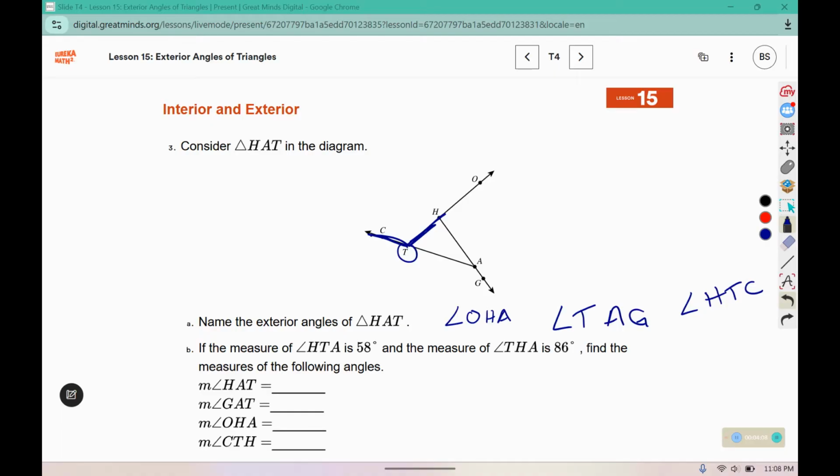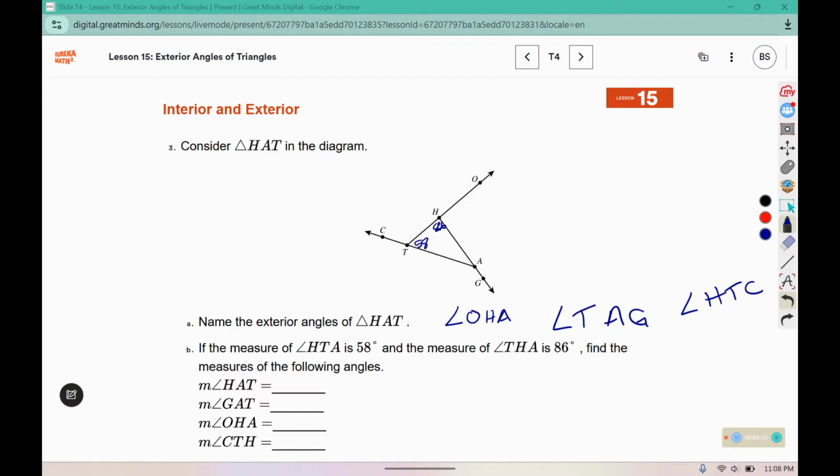If the measure of angle HTA is 58 degrees, so T is in the middle, and H and A are coming off of it. So this angle here is 58. And the measure of THA, so H is in the middle, is 86.